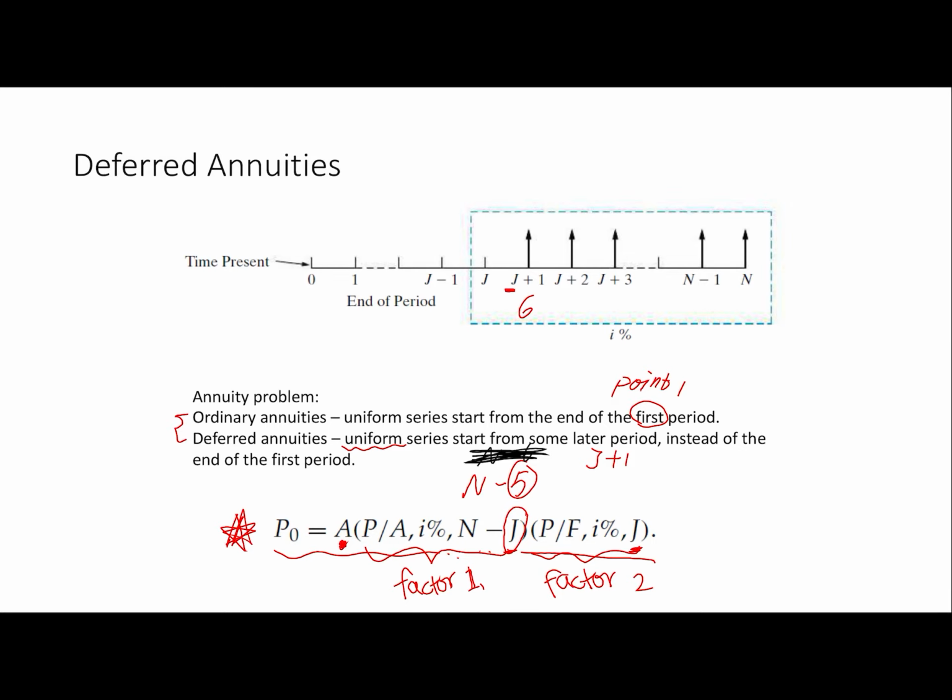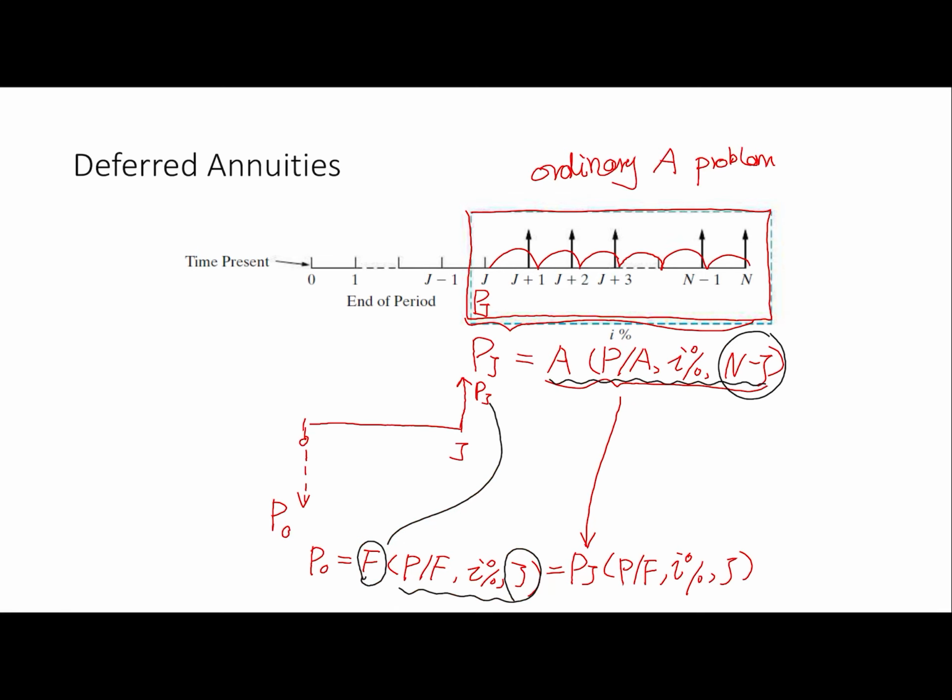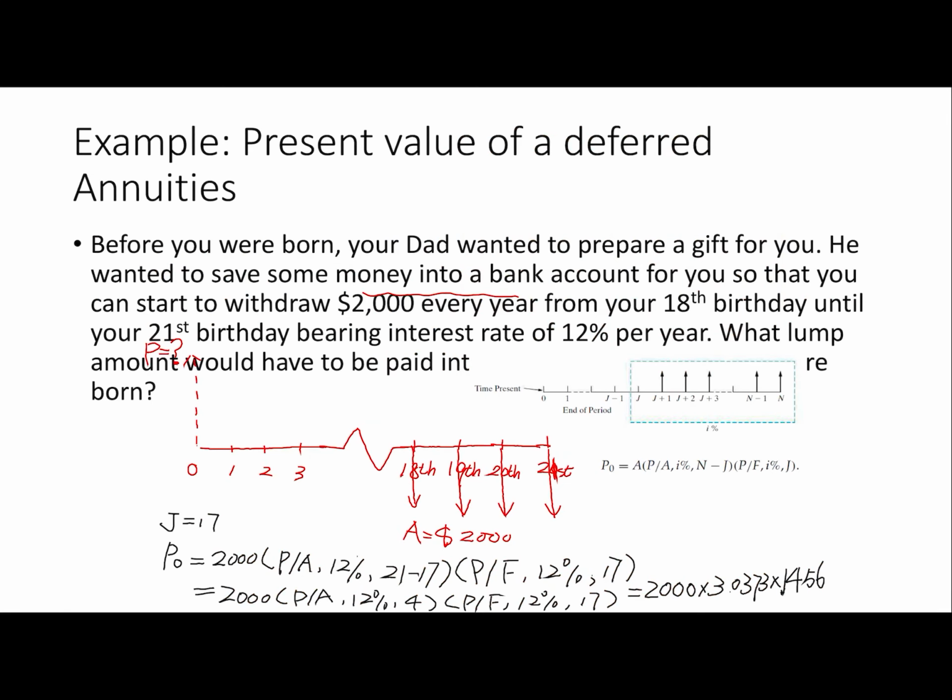The N is the total number of periods, but the J is something you have to determine based on when you have the first annuity cash flow. And try to work out this example. It's going to be a similar problem with a different story, but the method is exactly the same. Okay.